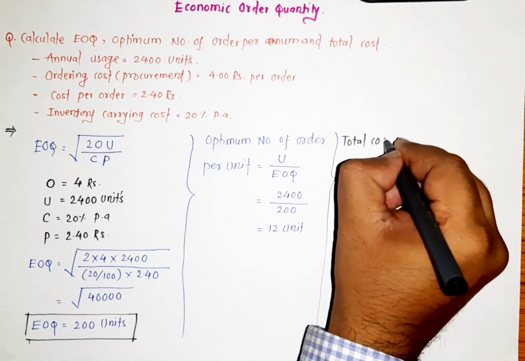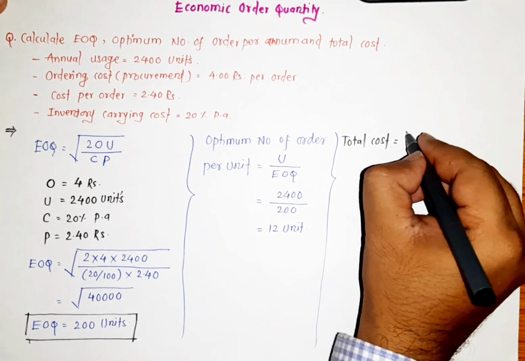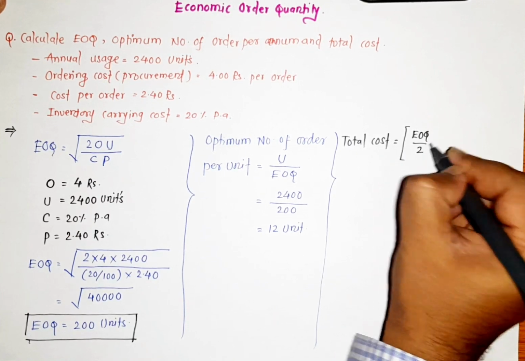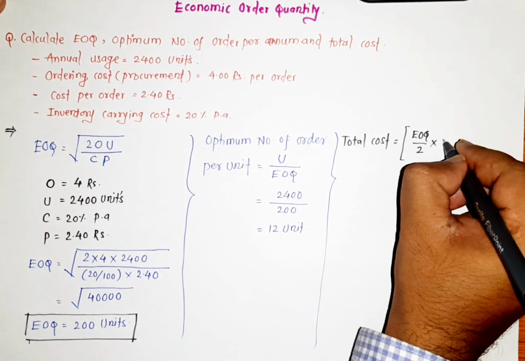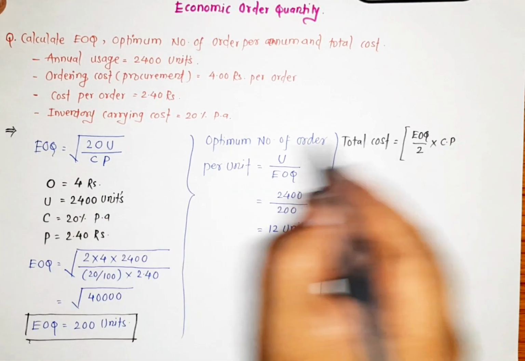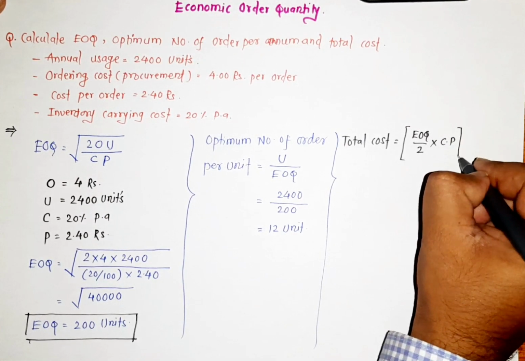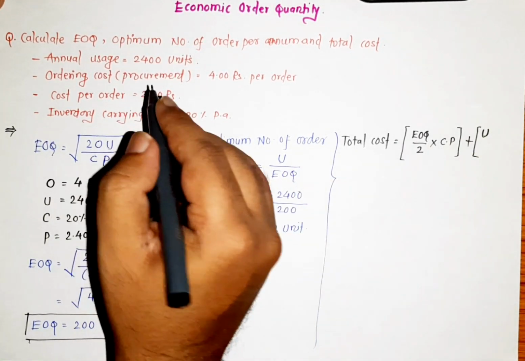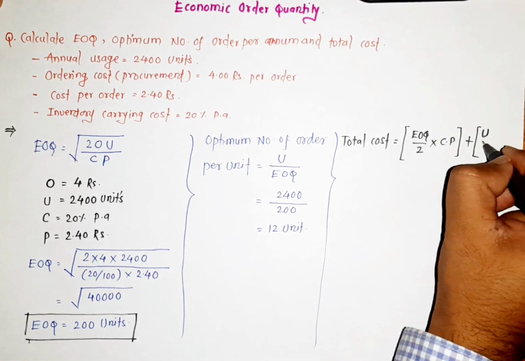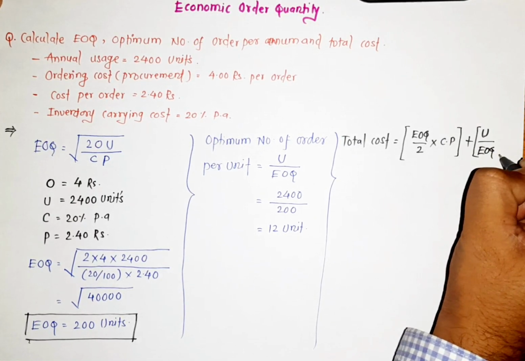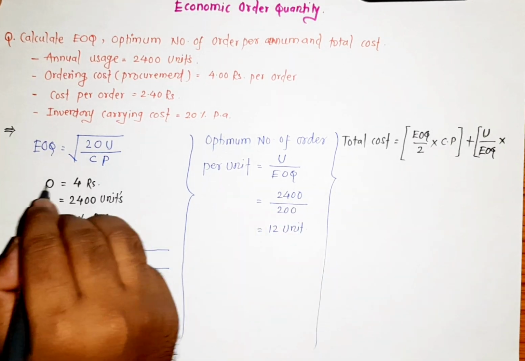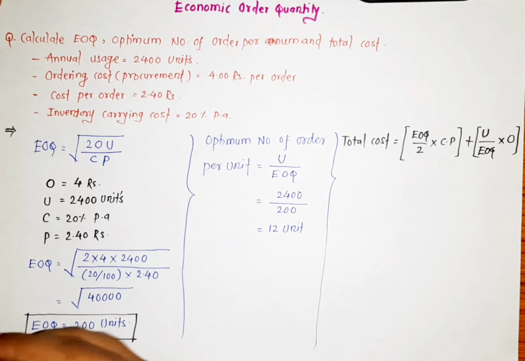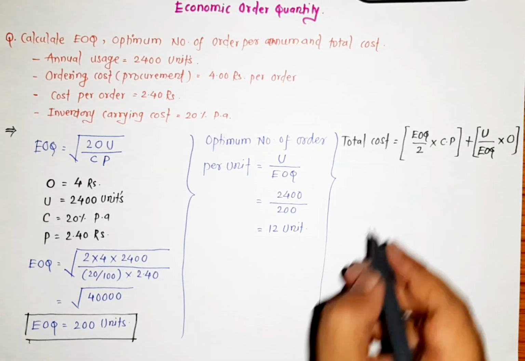Total cost is equal to EOQ divided by 2 multiplied by CP, whatever CP we have, plus U, annual usage, divided by EOQ into our ordering cost, which is O. So this is the formula. Let us substitute the values.